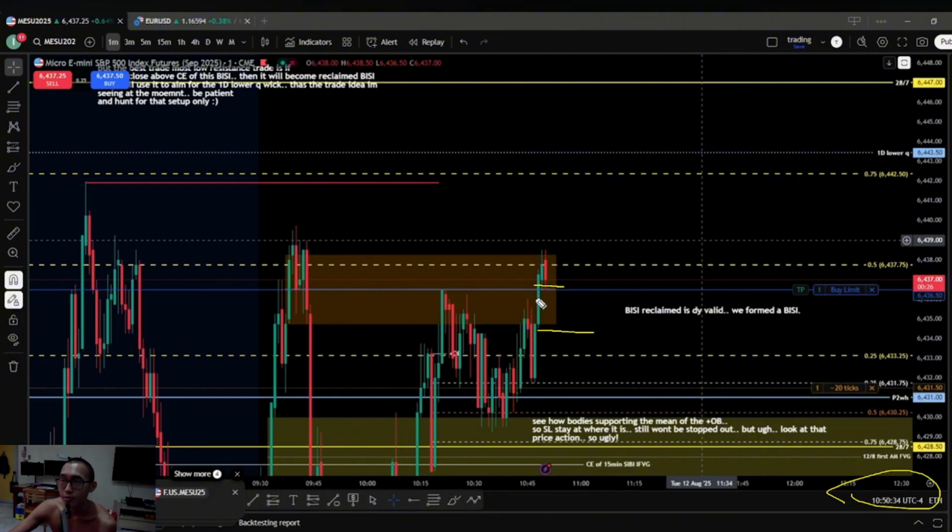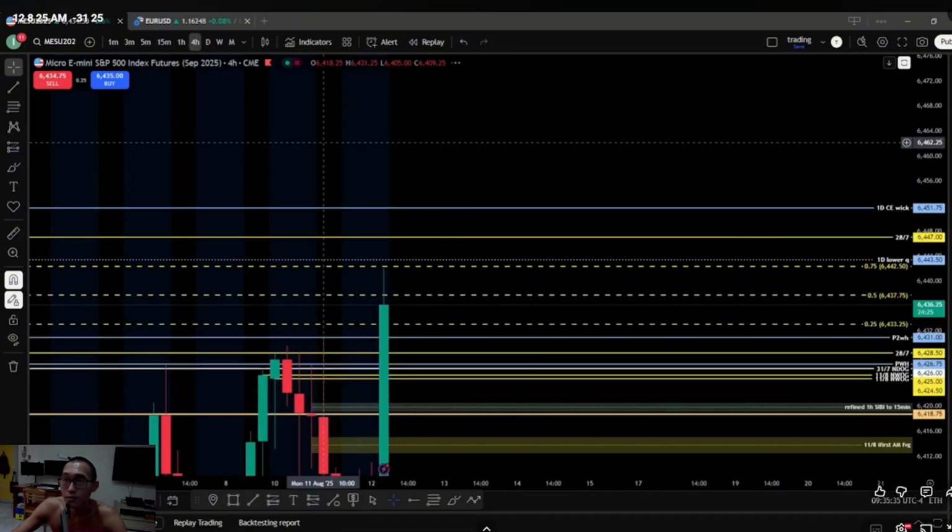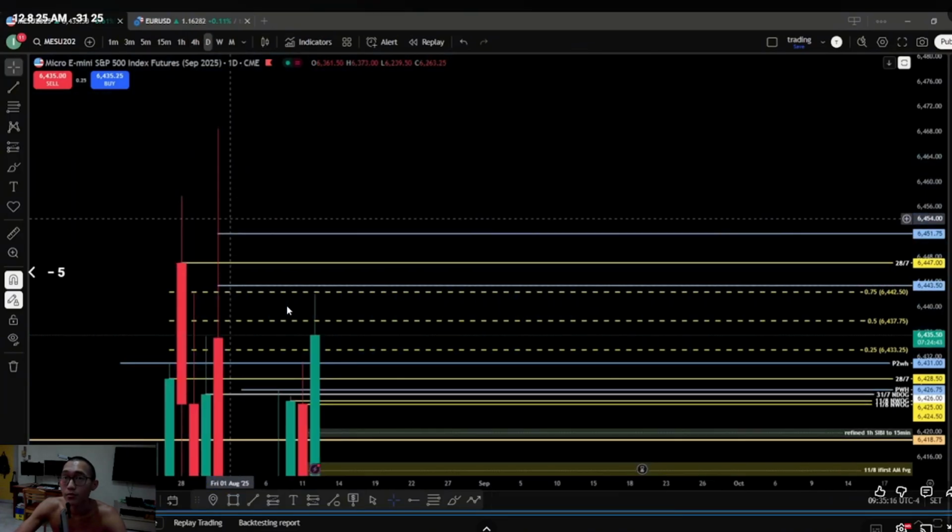Because what I'm expecting to see is price to just touch a bit, or even not touch it like what we're seeing now, and it's going to start spooling higher to the lower quadrant and to the new week opening gap high, and maybe to the daily CE week high that I've been saying just now. Let's see what time it is right now. 15:20. I'll bring it back to the daily CE week so you guys know what I'm talking about.